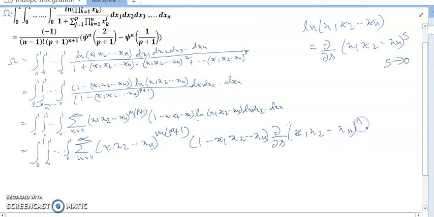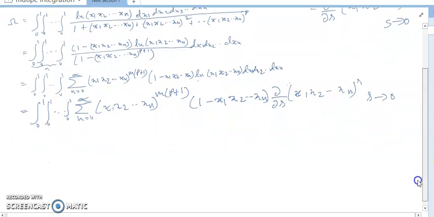Okay, this is the process. Now into dx1 dx2 up to dxn, okay, no problem.